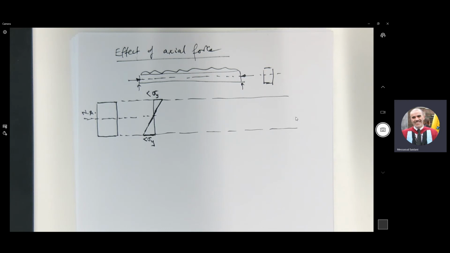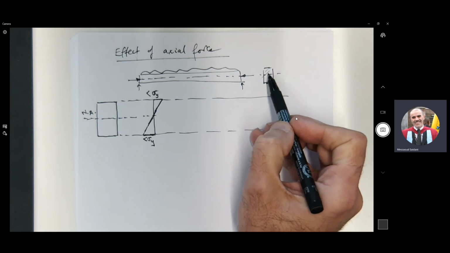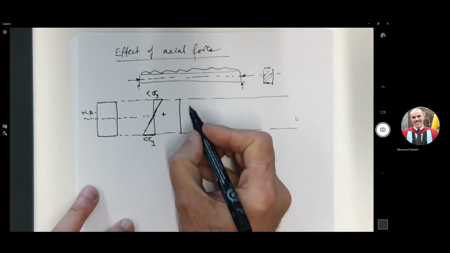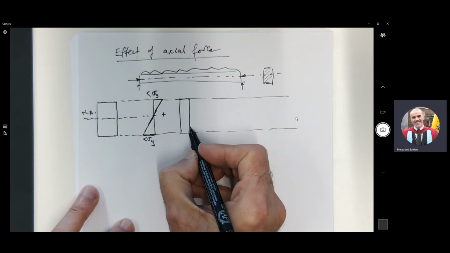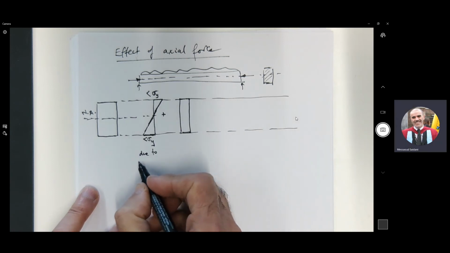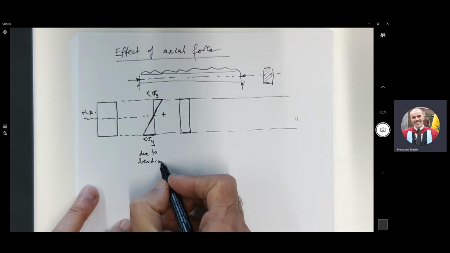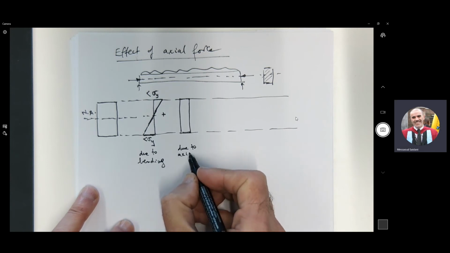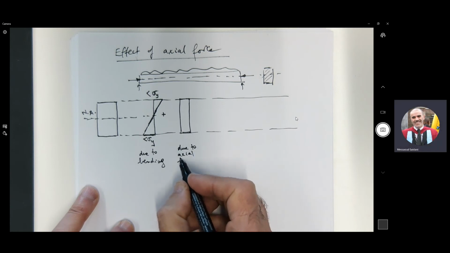Triangular, rectangular, what is it? Do you agree it's rectangular? Because the axial force is acting over the entire surface. So you have plus this diagram. This is due to bending, that's the bending stress. And this is due to axial force.